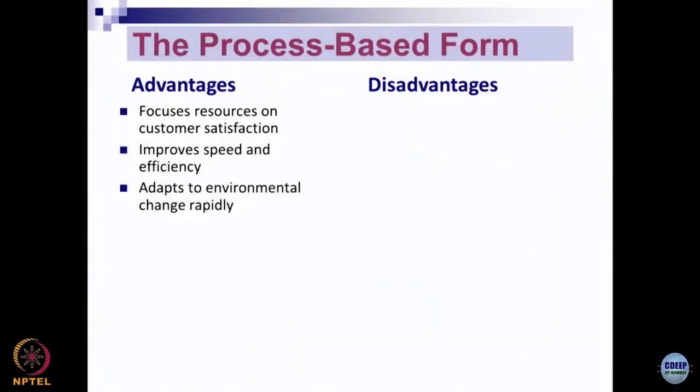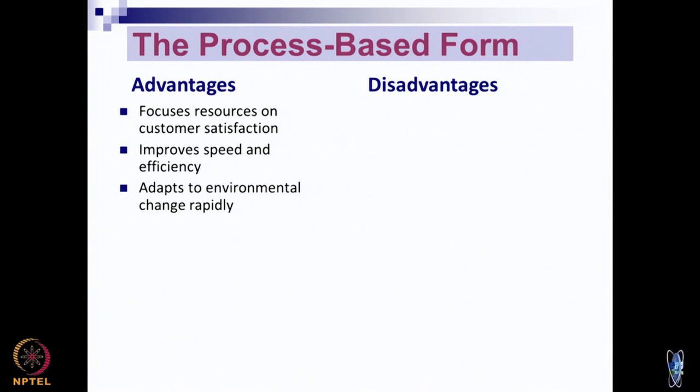Processes and process-based forms of organization are good at adapting to environmental change. When there is an environmental challenge, maybe political environment or technological environment or regulatory environment, the organization has to respond.